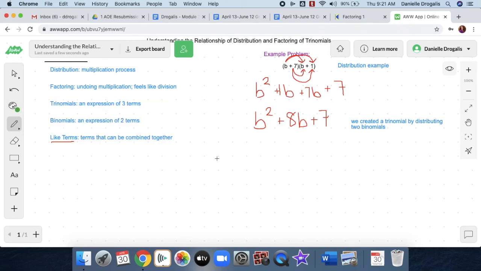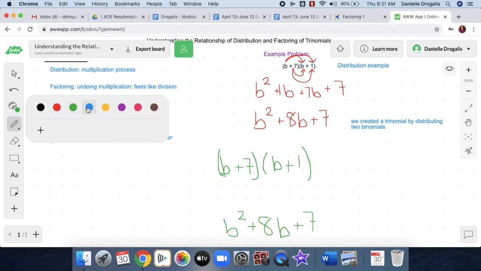So I'm just going to show you one quick little graphic. So that b plus 7 binomial that we multiplied to b plus 1, it will create b squared plus 8b when you multiply everything through plus 7.